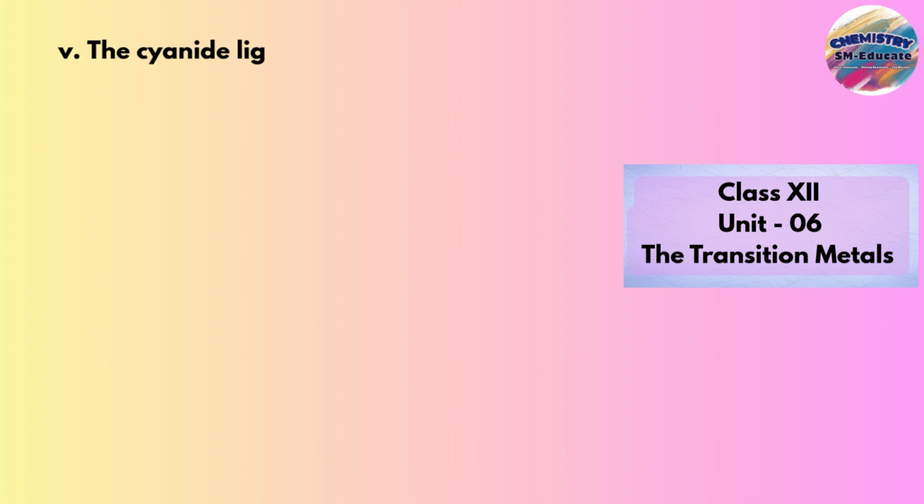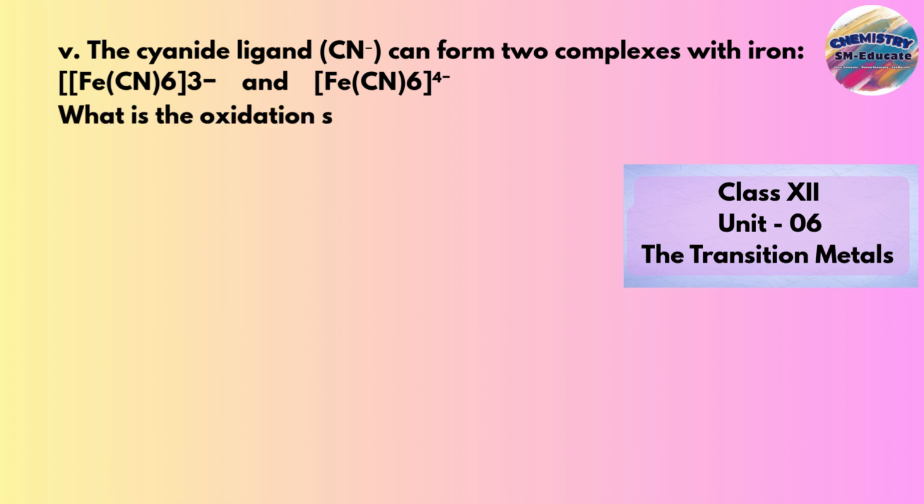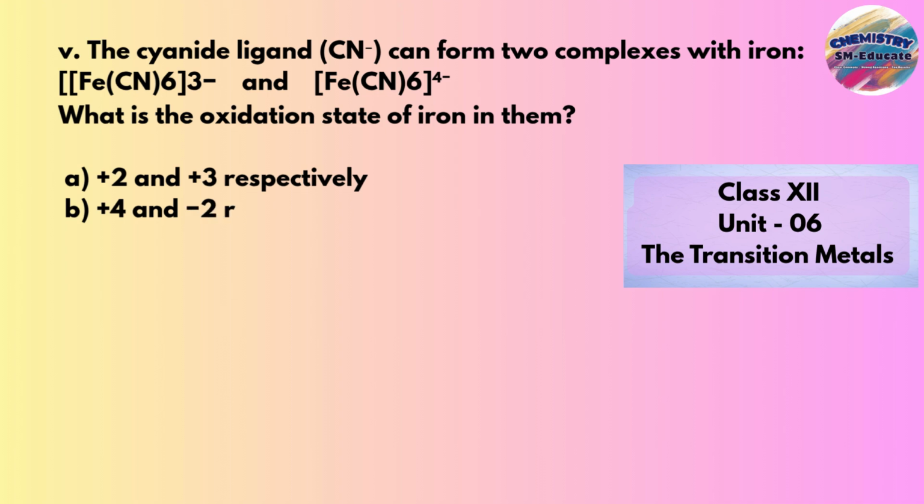5. The cyanide ligand, CN- ions, can form two complexes with iron: [Fe(CN)6]3- and [Fe(CN)6]4-. What is the oxidation state of iron in them? A. +2 and +3 respectively. B. +4 and -2 respectively.